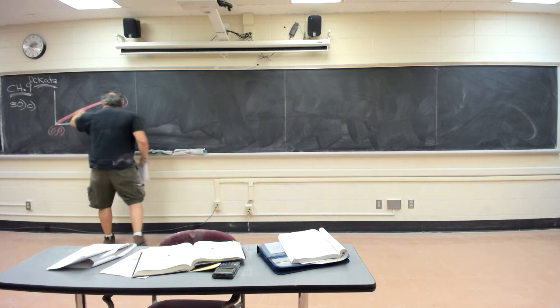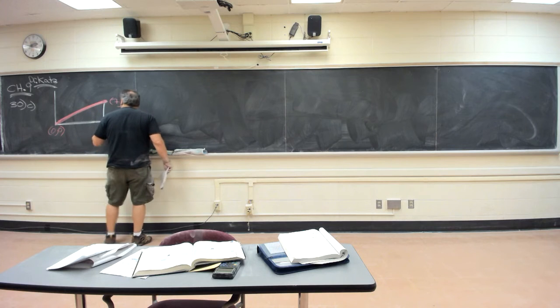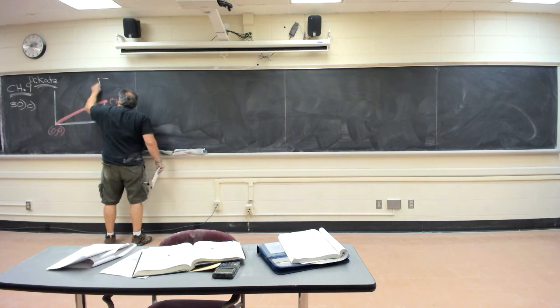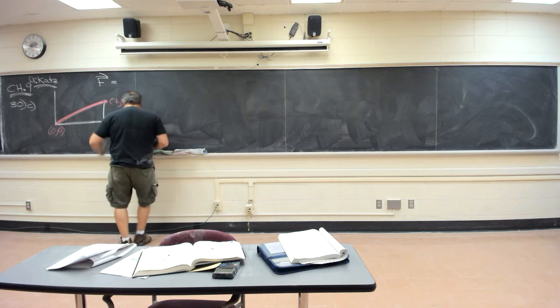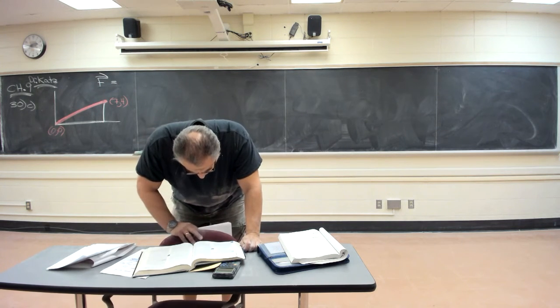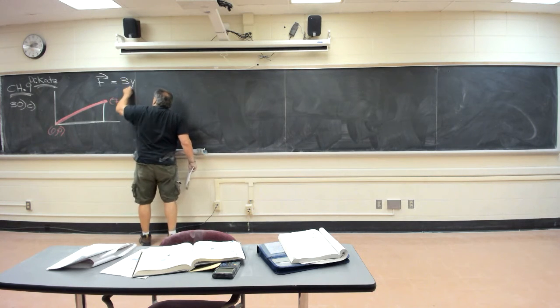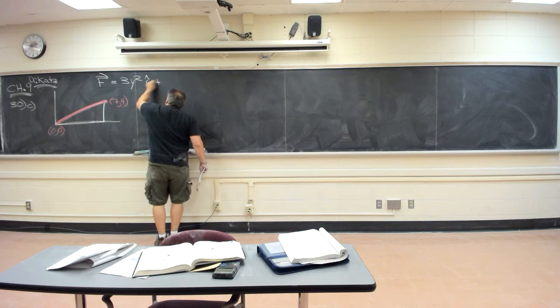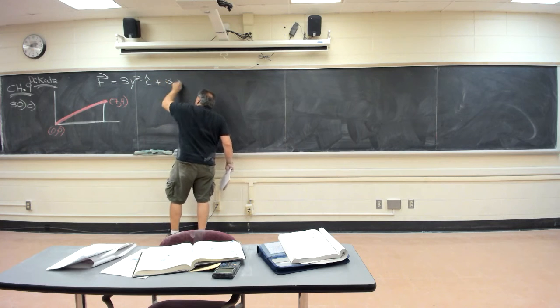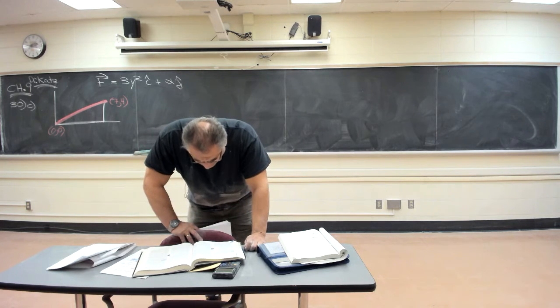And you have to follow this path, and you're dealing with the force vector, which is 3y squared i hat plus x j hat. Did I read that right? I think I did. Right.